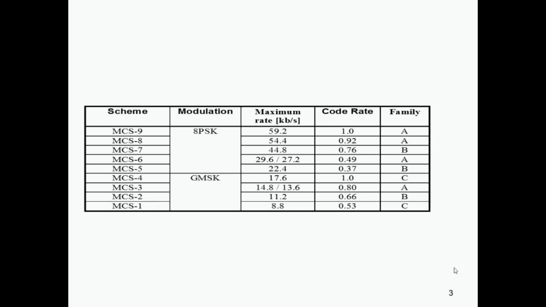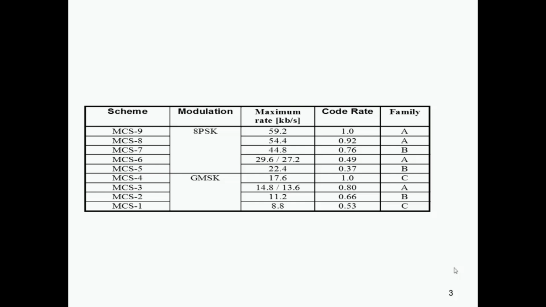As you can see in this slide, MCS9 provides the highest data rate, which is 59.2 kilobits per second. As we know, there are a total of 9 schemes, and 1 to 4 use GMSK and 5 to 9 use 8PSK. In MCS9, the maximum data rate is 59.2 kilobits per second, whereas the coding rate is 1.0.